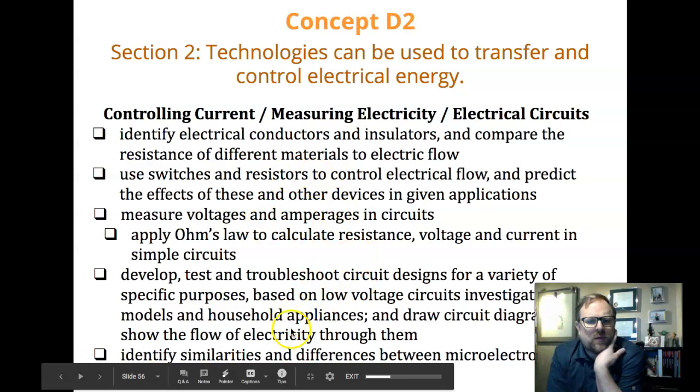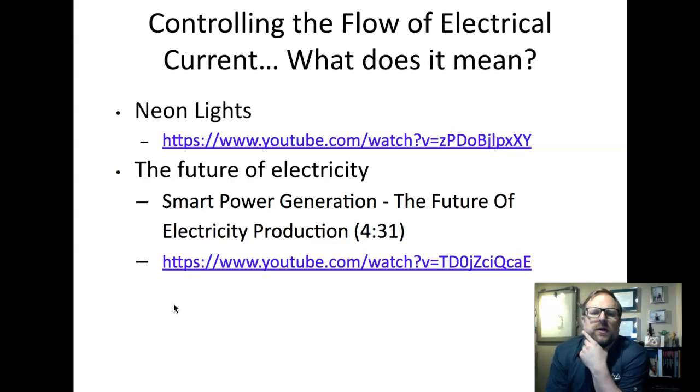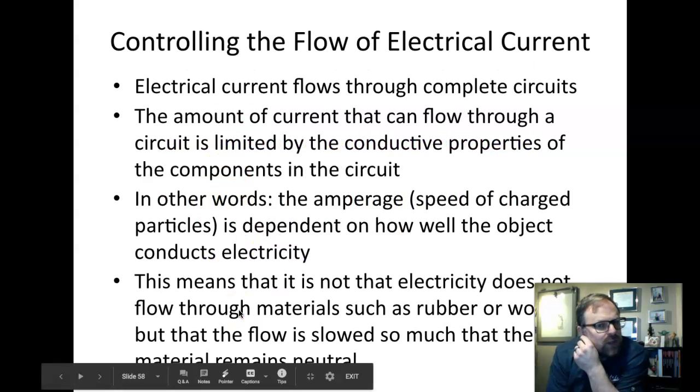I've left this up here just to show you that if you wanted to do a quick introduction at this point and look at a couple of videos, these show you what we can do when we control electrical current, when we can control the flow of electrons moving through a circuit. One's about neon lights and one's about smart power generation. So it's something for you to look at if you'd like to.